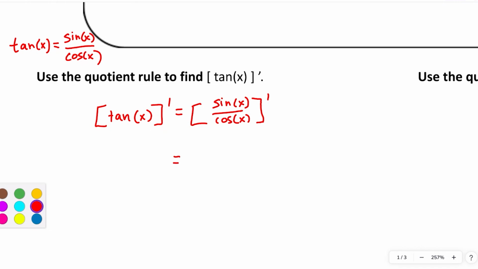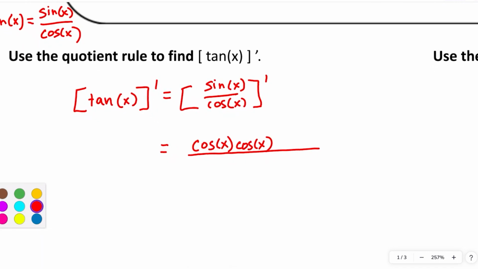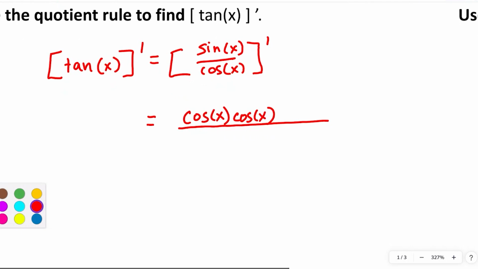So this is going to equal some fraction. All right, so it's going to be the derivative of the top, which is the derivative of sine. So we know that's cosine, times the bottom, which is also cosine. So we have cosine times cosine, which is going to eventually turn into cosine squared, but we'll get to that in a minute.